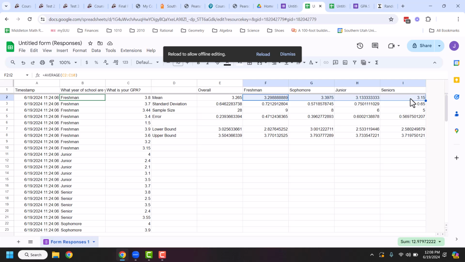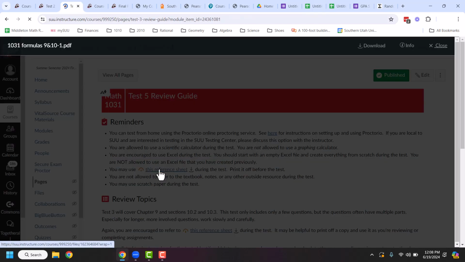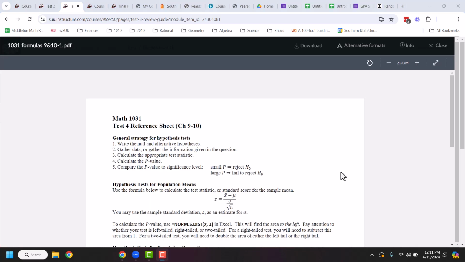Because it could be possible that these GPAs are close enough that the differences between them are just due to chance based on the sample that we collected. So this is where hypothesis testing comes in. And if we look at the test 3 reference sheet, we can see that there's several different types of hypothesis tests.